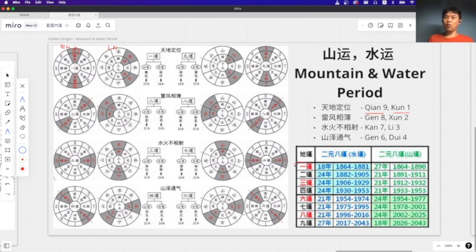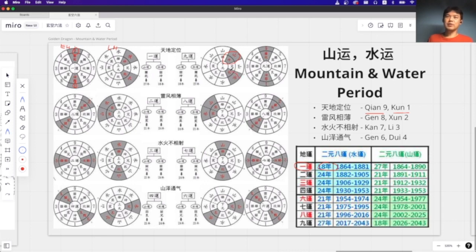So in period 1, the indirect spirit is actually Kun 2, and it runs for 18 years. What is opposite of Kun is actually Qian, so the opposite of the direct spirit is the indirect spirit.